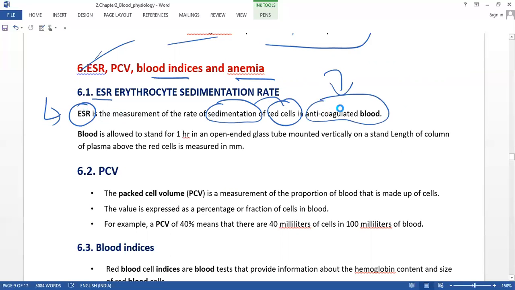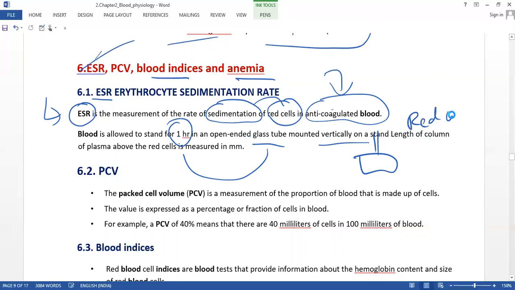This blood is allowed to stand for 1 hour in an open-ended glass tube, mounted vertically on the stand, and the length of the column of the plasma above the red cells is measured.